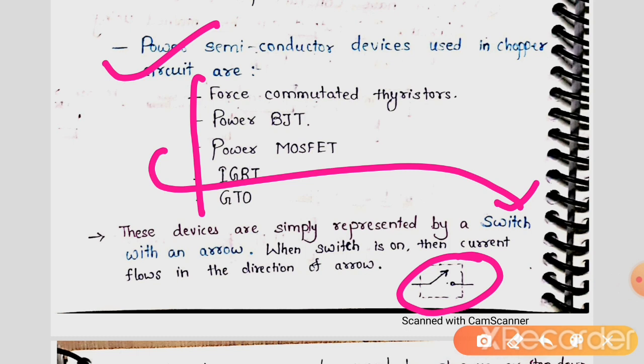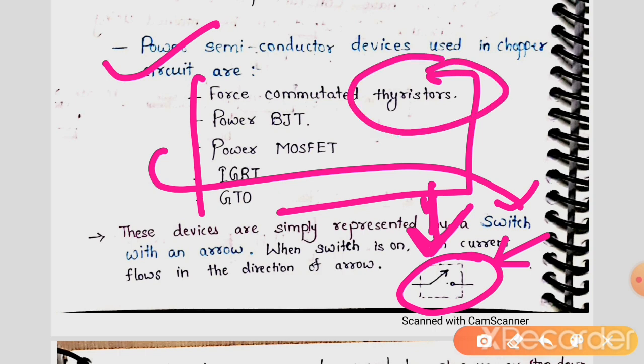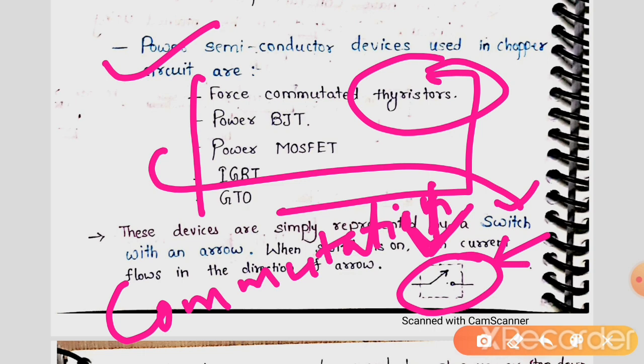The switch used in the chopper circuit can be any of the above semiconductor devices. It will just be represented by a switch, but it can be any device. If we are using, suppose, a thyristor, then it will require a commutation circuit also, but it is not shown here with the switch.